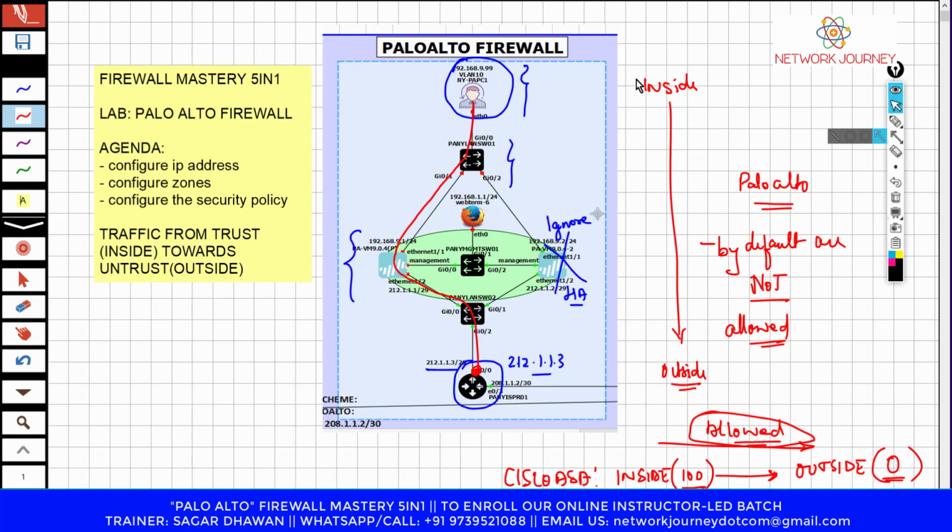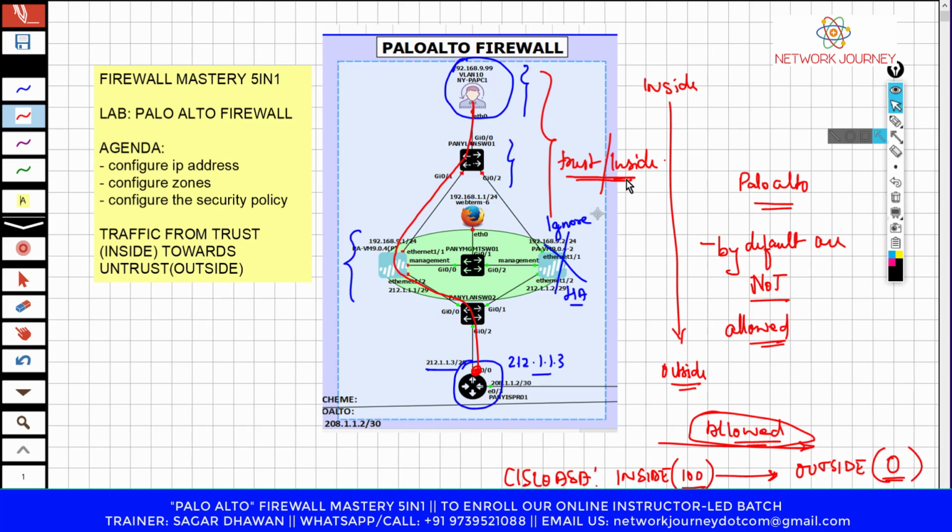But in the case of Palo Alto, there is no concept of security levels. So we have to define this zone as trust or inside. It's just a name, nothing else.